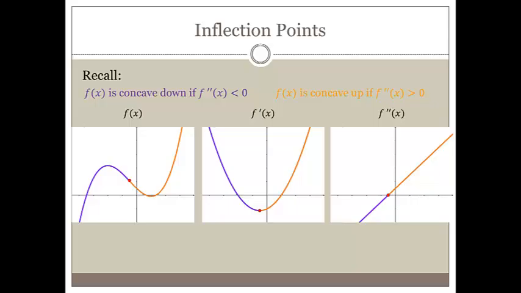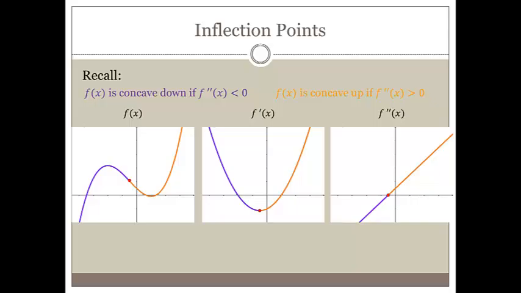Which is why if we look at the graph of f prime of x, the purple region is decreasing. Finally, since f prime of x is decreasing, that means its derivative, which is the second derivative of f, is negative. So the region where f of x is concave down is the region where f double prime of x is negative, which we can see on our graph of f double prime.